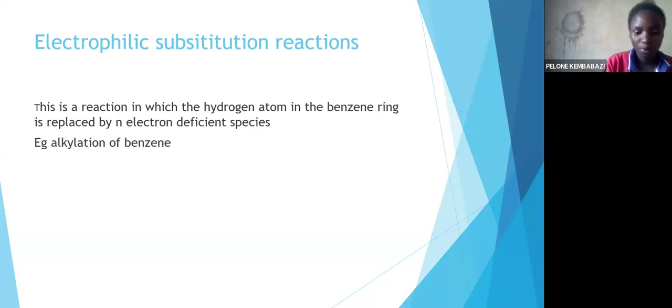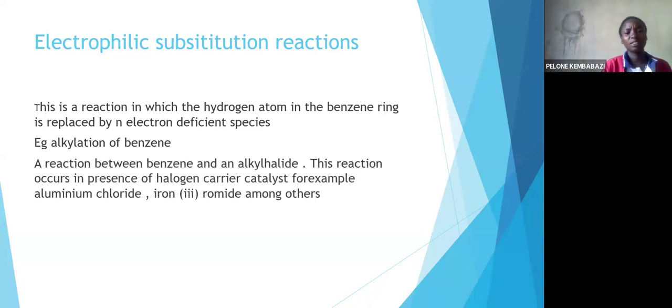For example, we remember reactions of benzene, where we have alkylation of benzene, that is reaction between benzene and an alkyl halide. This reaction occurs in presence of a halogen carrier catalyst.